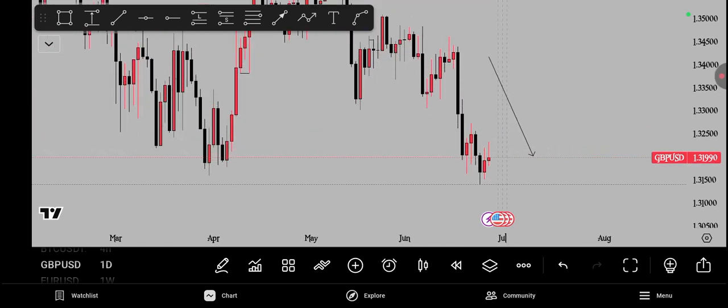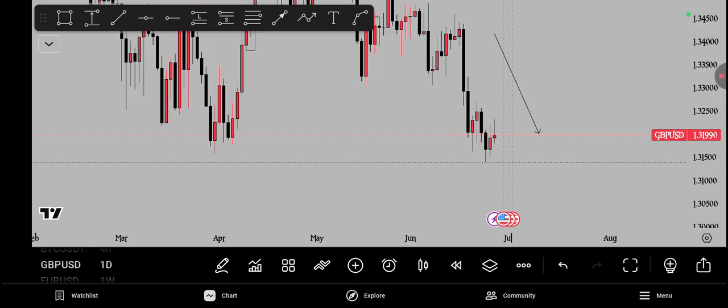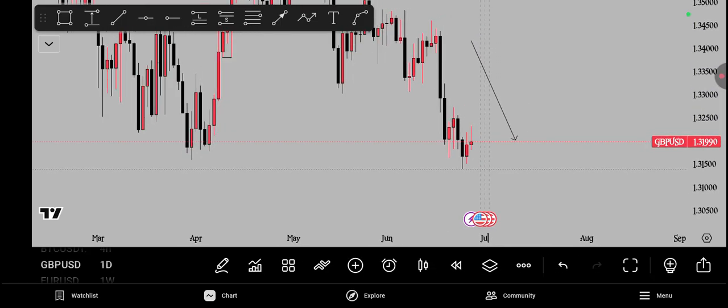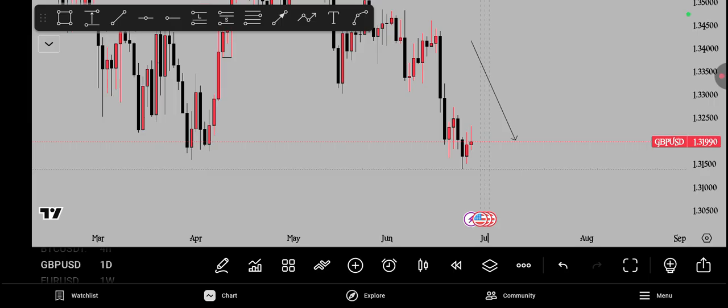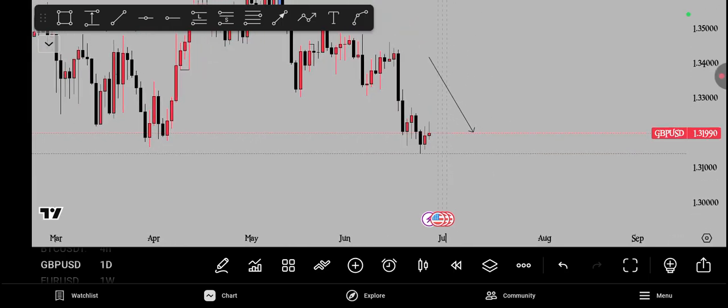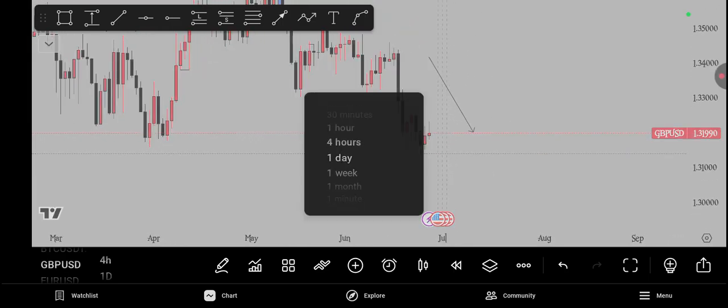What is our bias on GBP USD? It is bearish. So going to the 4-hour time frame to get the structural view.